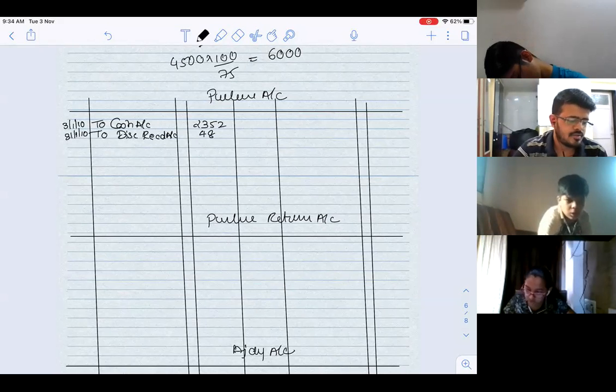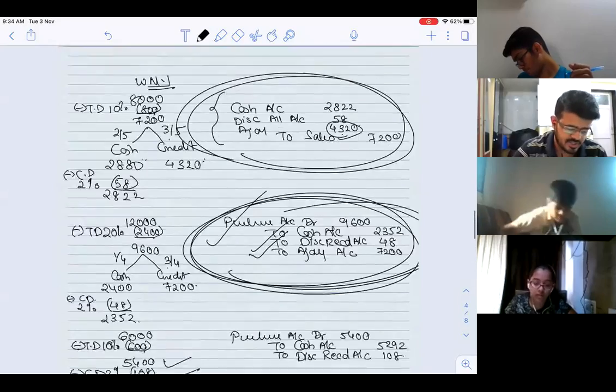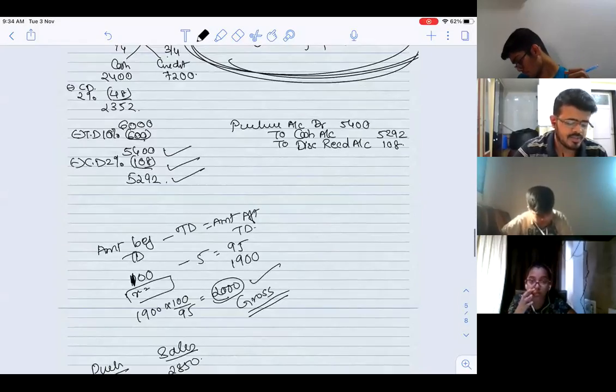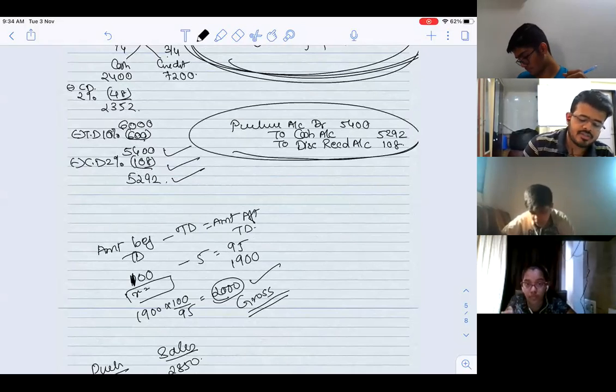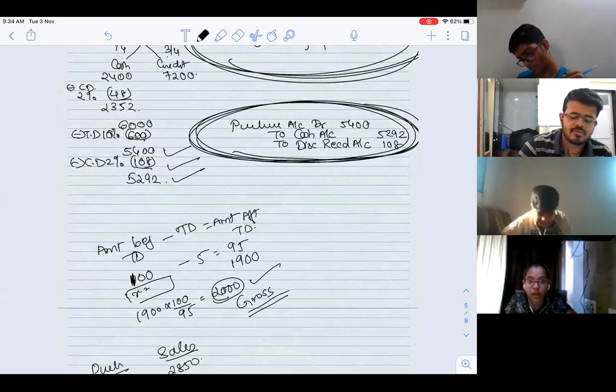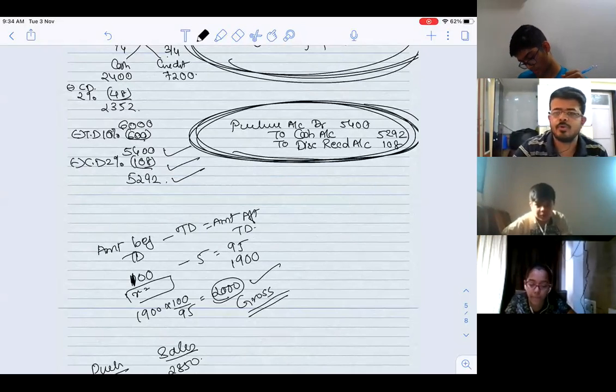So on 12th, received a cash memo. Absolutely right. Received a cash memo from Ram. ये रहा. Can you see that? Purchase to cash, purchase to discount receipt. Both these things you'll record in purchase account.